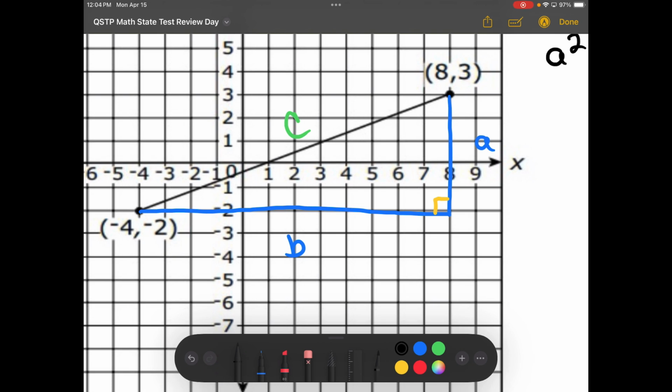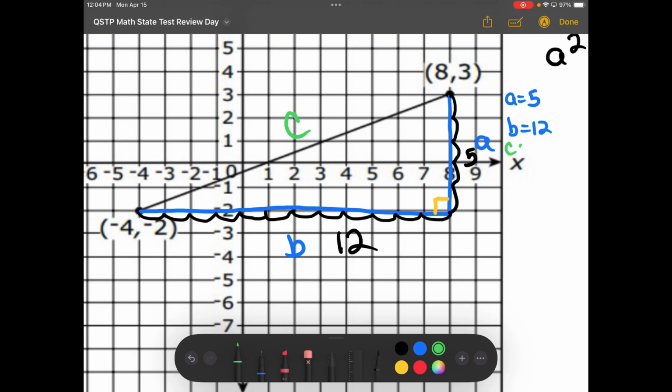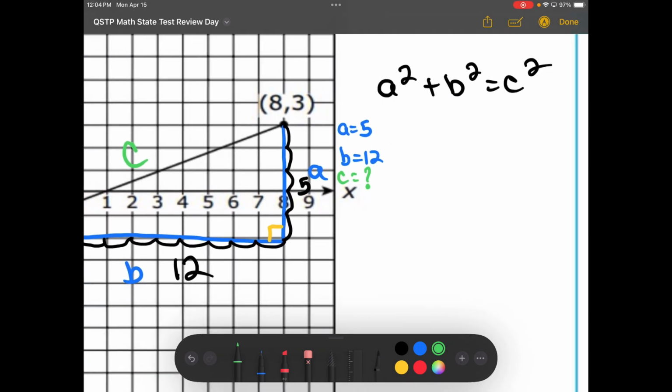Here we go. 1, 2, 3, 4, 5. This side is 5. 1, 2, 3, 4, 5, 6, 7, 8, 9, 10, 11, 12. This side is 12. So that means A is 5, B is 12, C is unknown. Very good.